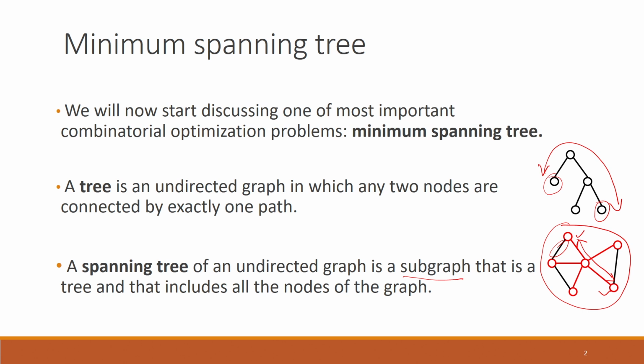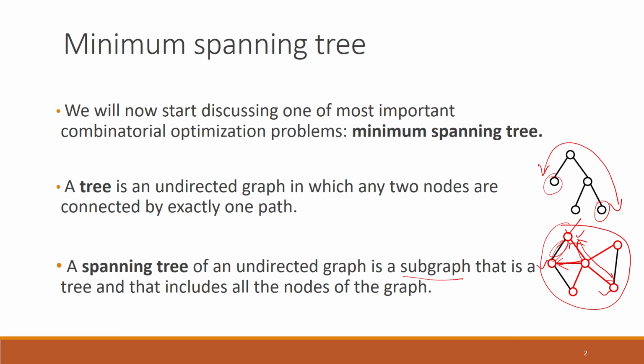Then that would not be a tree, because if you look at these two nodes, there will be two paths which connect them: one is this direct edge, and the other is this path. Therefore, that kind of subgraph will not be a tree.